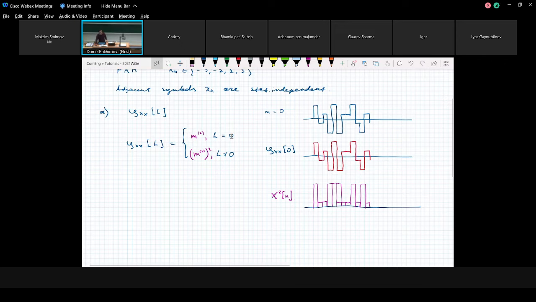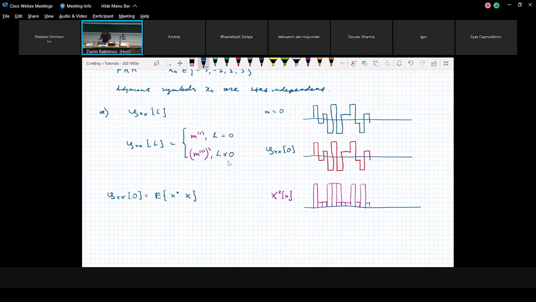For L equals 0, you find the second moment. For L non-equal to 0, you find the square. Now we need to find both parameters. Okay, so now let's calculate what we actually get. Phi xx of 0. Any questions? In general, we have the expression: expected value of x conjugate x, because your symbols may be complex valued.